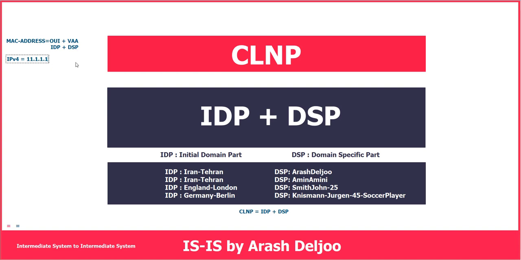But in the days of CLNP, when you had one CLNP address, we call them CLNS or connectionless network services, in the addressing of CLNP, the first part of the address was the identifier of the company. For example, let me give you one fake example. This is not real.